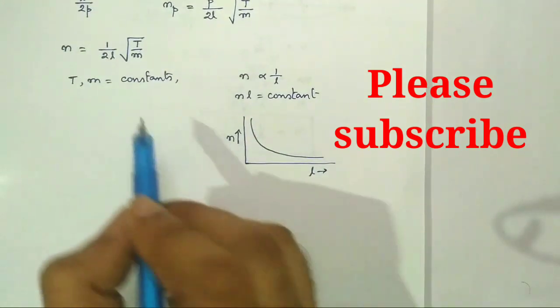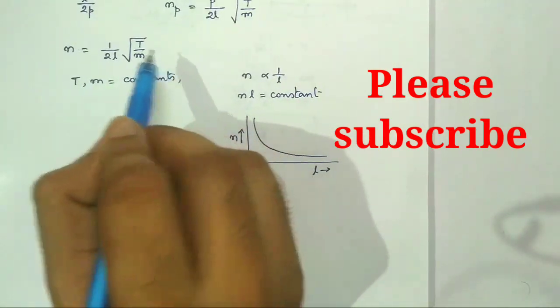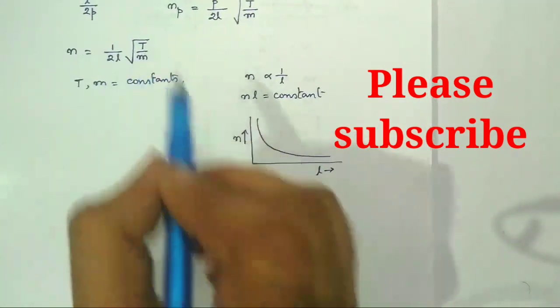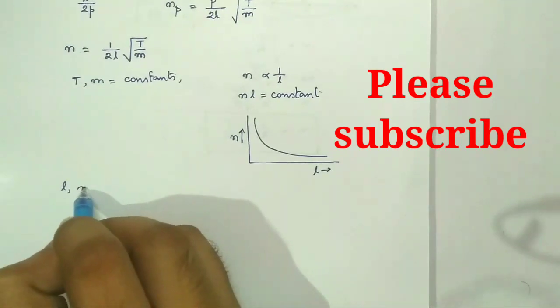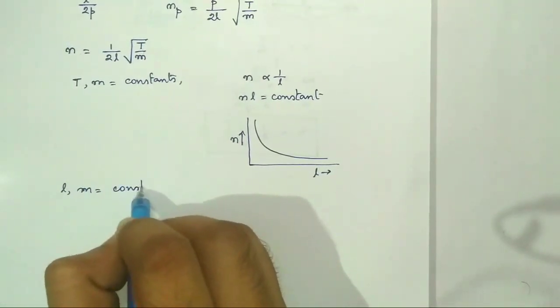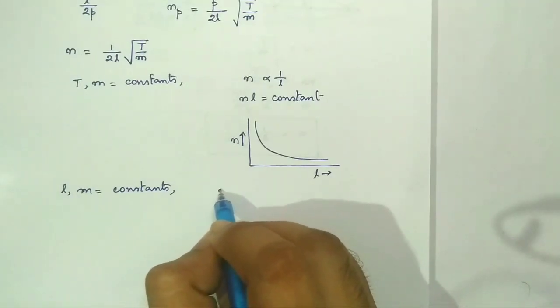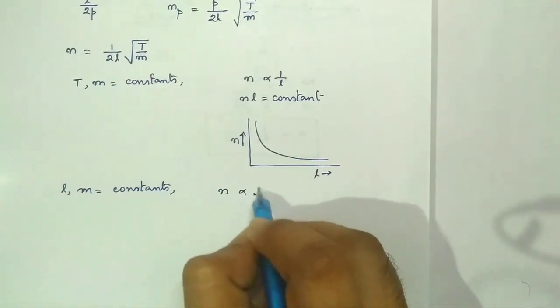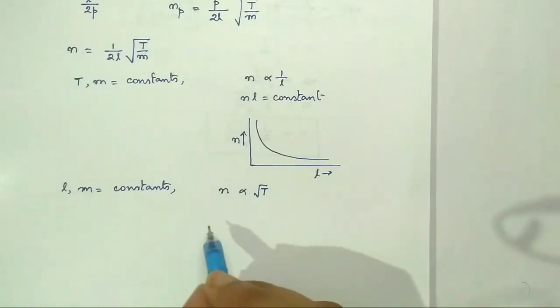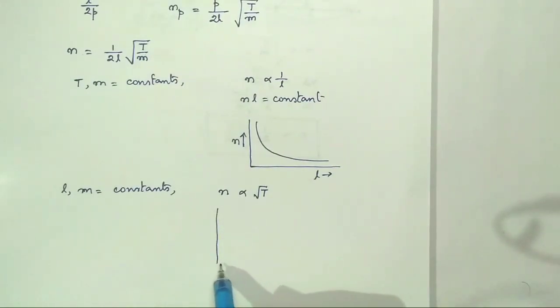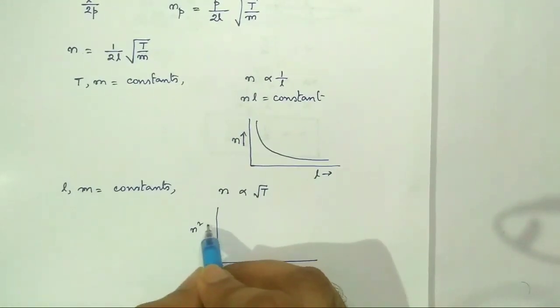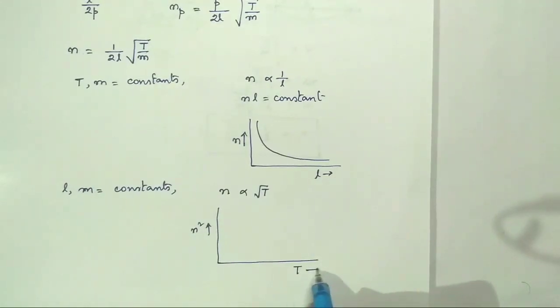Now, if in this equation L and M are constants, then we will find that N is proportional to root T. Then what will be the nature of the N square versus T curve?